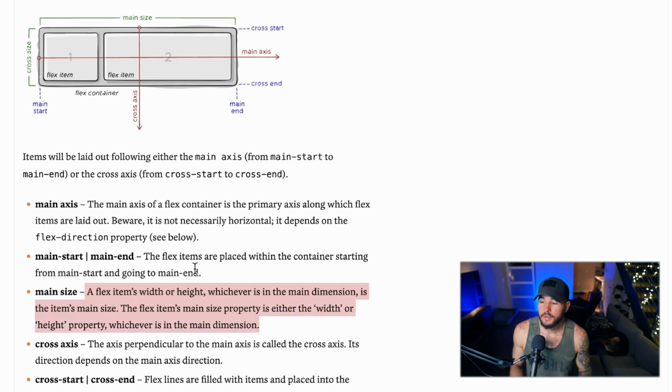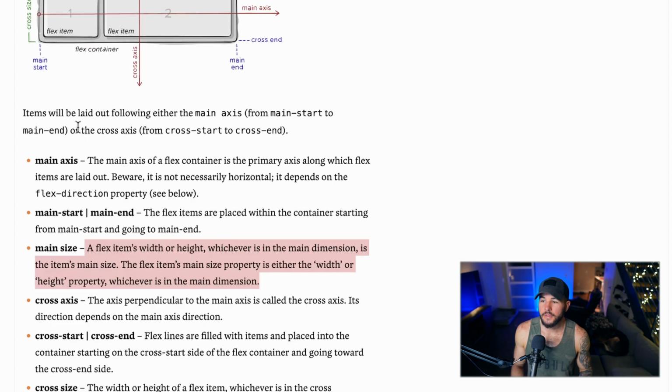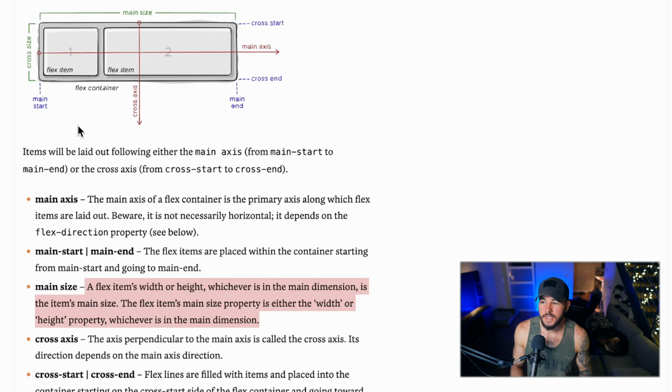So here, the main size is going to be the width of this container here, as you can see it labeled right there. And then the cross size is going to be the opposite. It's going to be the size of the space that the cross axis takes up, so to speak. The cross start and cross end, well, between those is going to be your cross size.